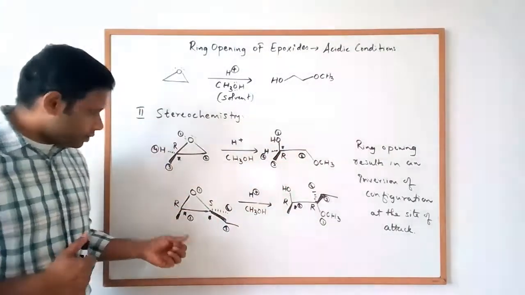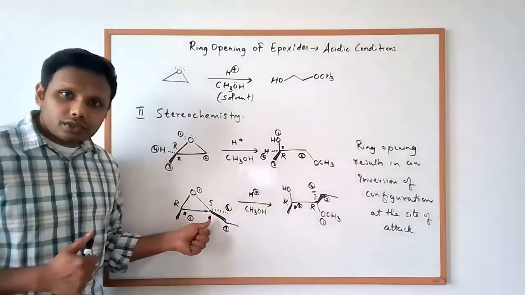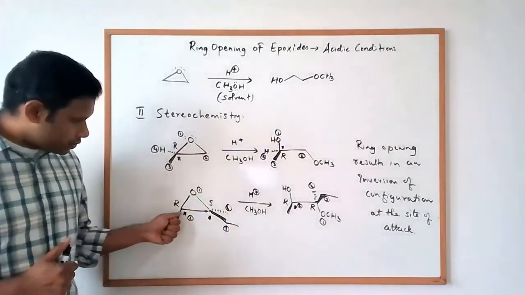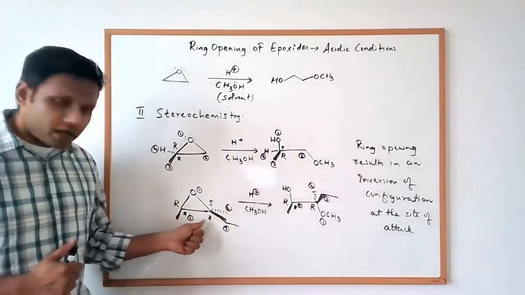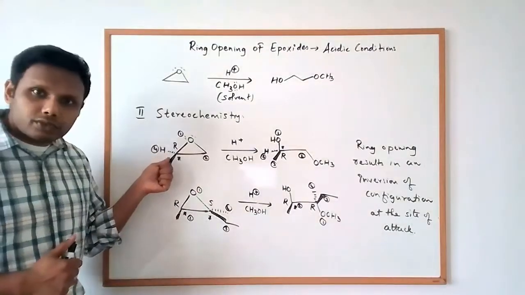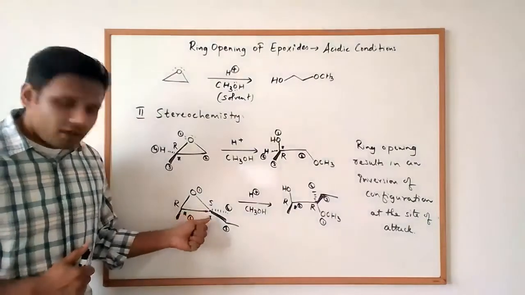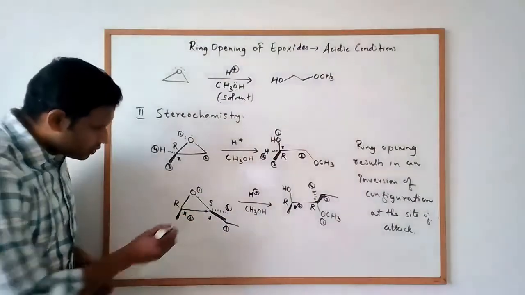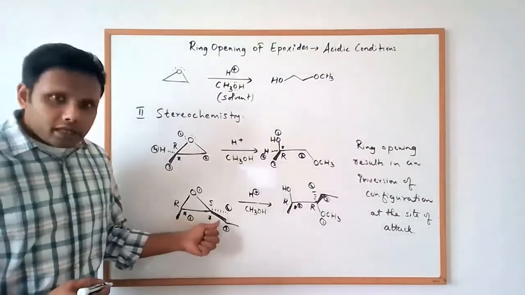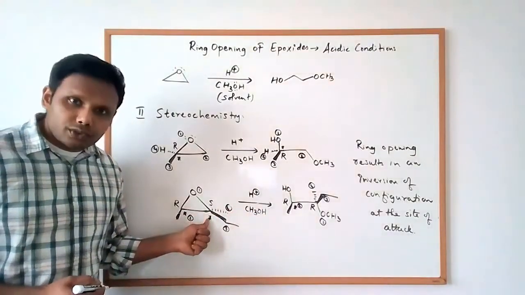Let's go to the second example. This is an example where we had a combination of a secondary carbon and a tertiary carbon in an epoxide. If you assign stereochemistry to the two carbons, both carbons are chiral centers here. The secondary carbon is of an R configuration, very similar to the example at the top. And the tertiary carbon comes out to be of an S configuration. What we know is under these conditions, the nucleophile attacks the tertiary carbon.